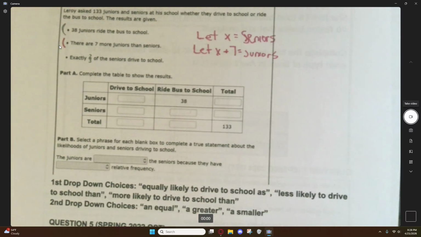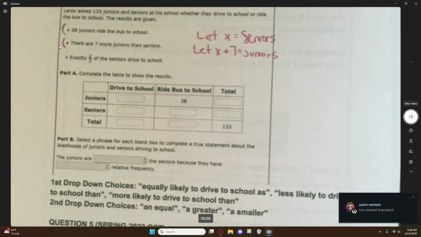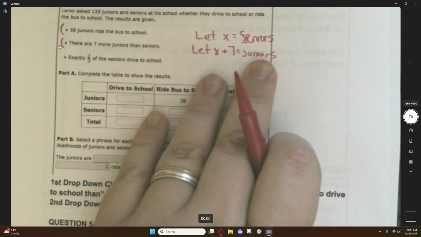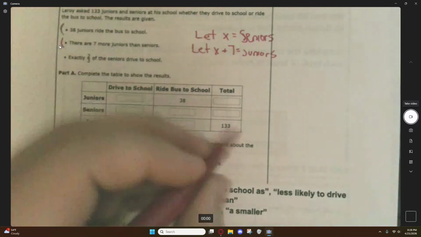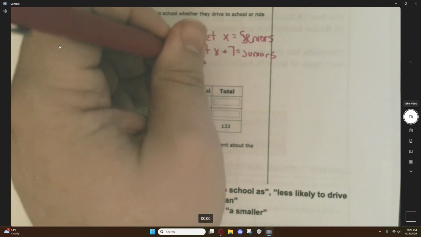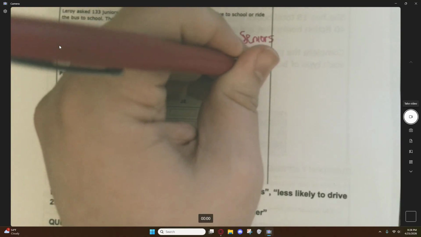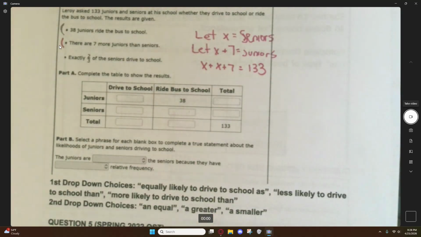So there are the seniors, and then there are 7 more people. That equals the juniors. Our total amount of people is 133. So x plus x plus 7 equals 133. Now we have to solve.